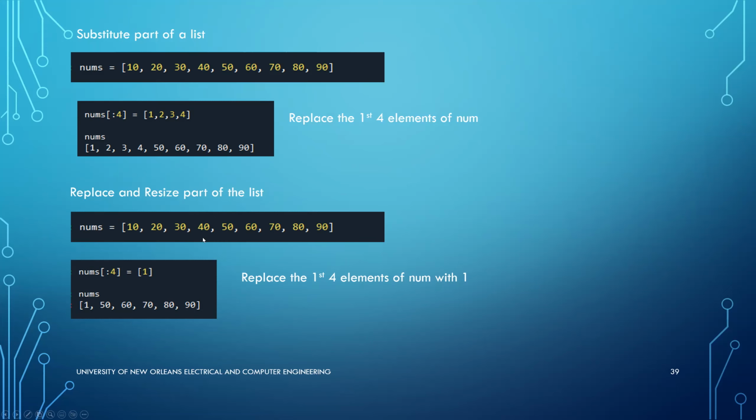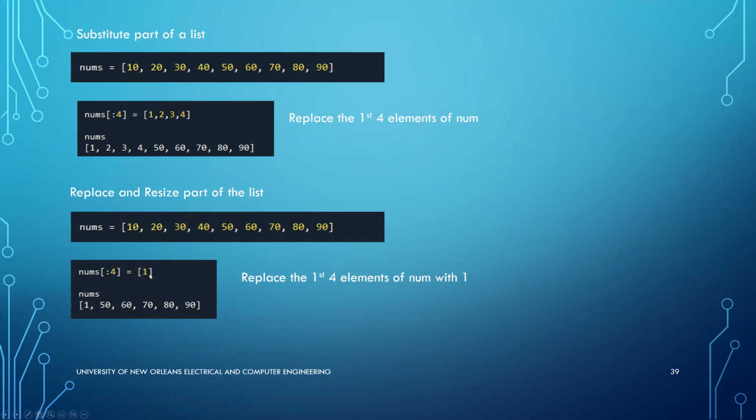I can also replace and resize part of the list. Again, if you go back to the original nums, if I simply do a 1 here instead of 1, 2, 3, 4, I'm simply going to replace every number from index 0 to index 4 minus 1 by 1 simply, because I'm only indicating 1.